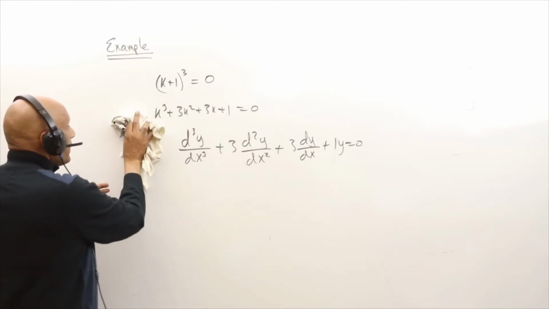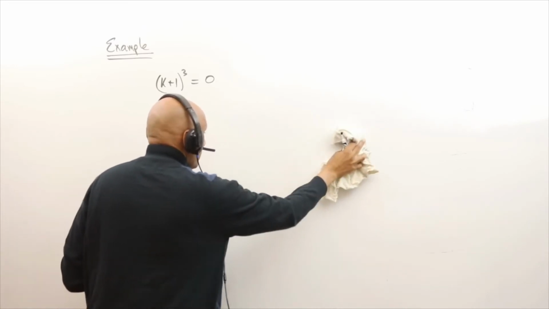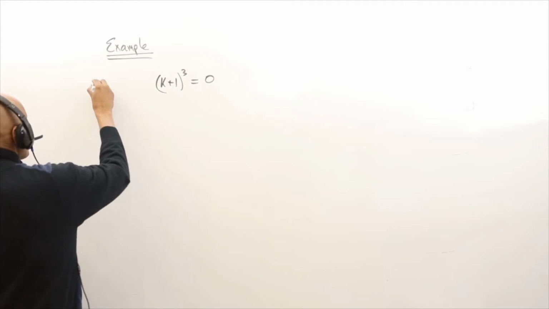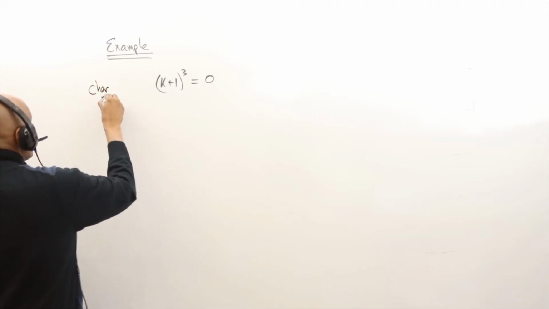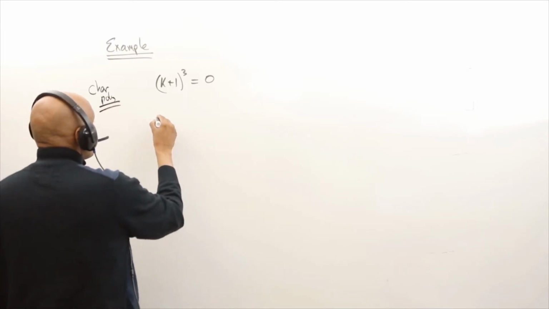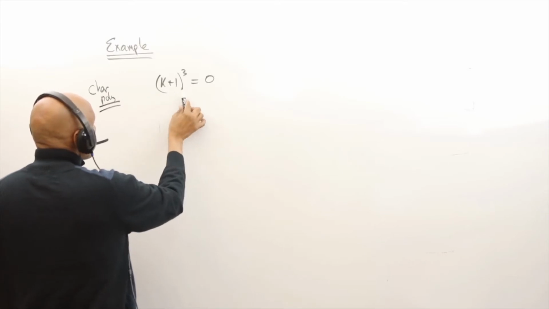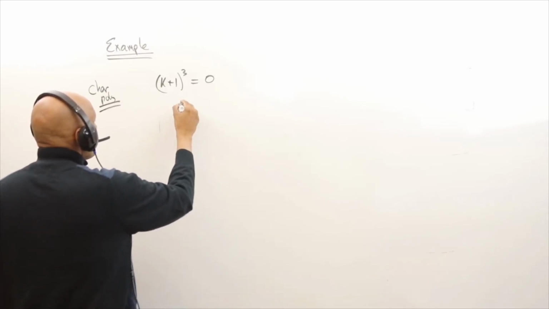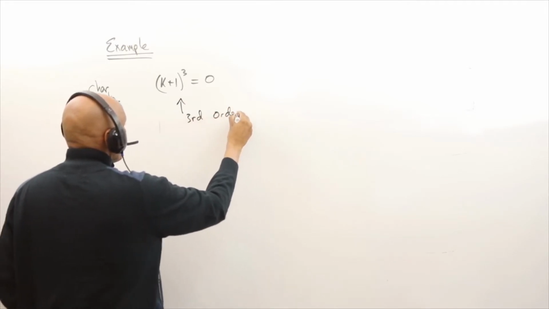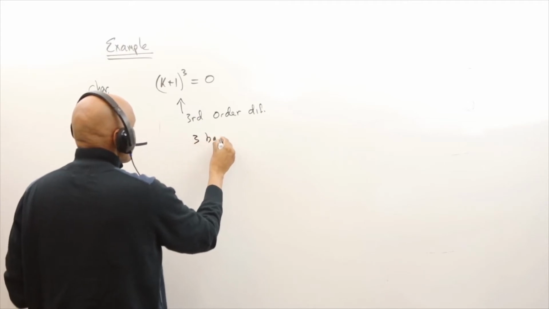So I'll erase this. Assume that we factorized and found all the solutions for our characteristic polynomial. Here's our characteristic polynomial. All we know is that this differential equation is third order, which means that there are 3 basis vectors.